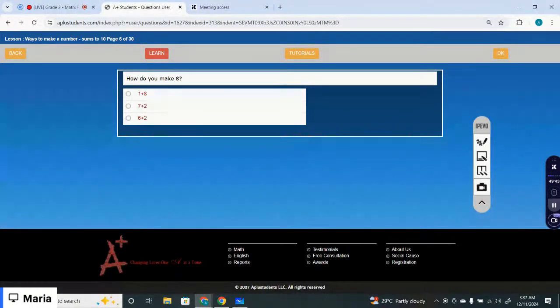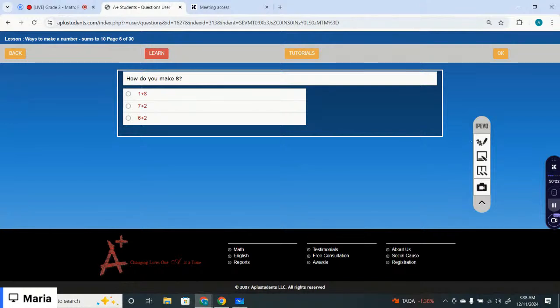How do you make 8, which is the correct option? The correct option is 6 plus 2.